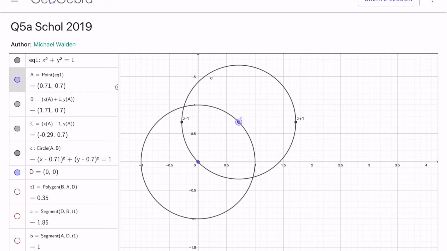The complex number z, if you look at z, it has a modulus of 1, it has an argument of theta. z plus 1 actually has an argument of theta over 2. What we've got there is an isosceles triangle, and the base angles are the same. And that's enough to prove that the line from the origin to z plus 1 bisects the argument of z. So the argument of z plus 1 is theta over 2.